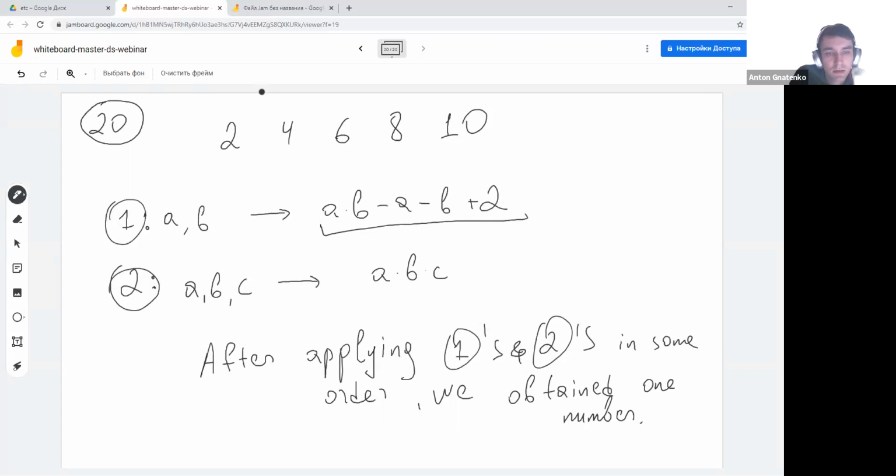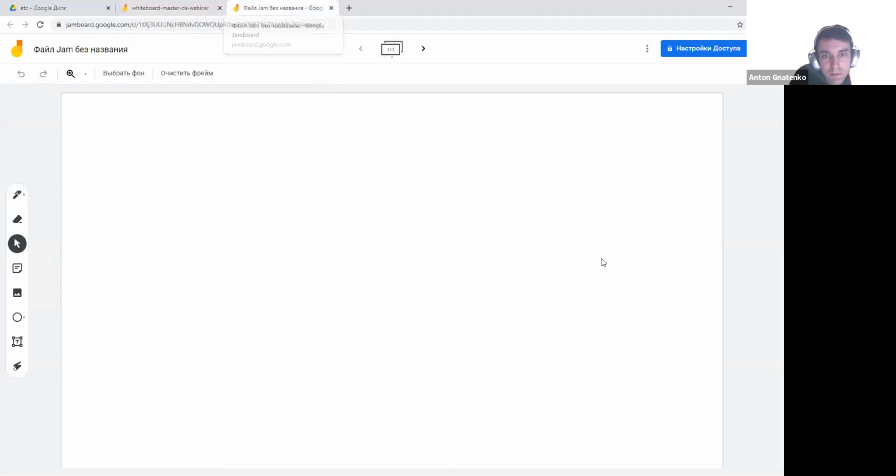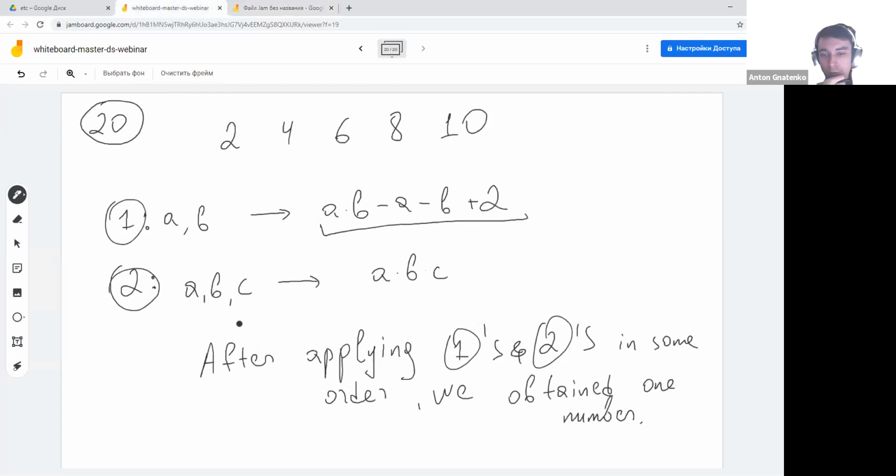I think I'll have to move to another whiteboard because this one is ended. So I hope that you can see the whiteboard number 2 now, which I'm writing on. This problem is kind of complicated. I'll go back to the statement, because actually we don't know how these operations really behave.